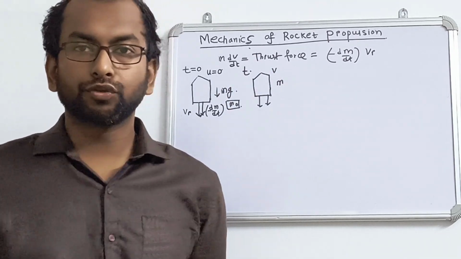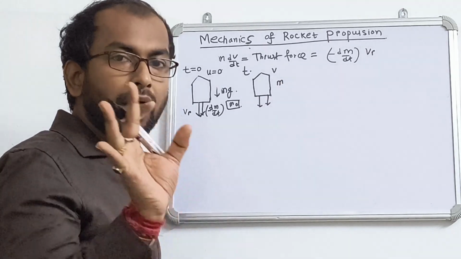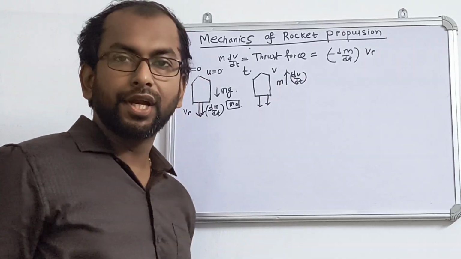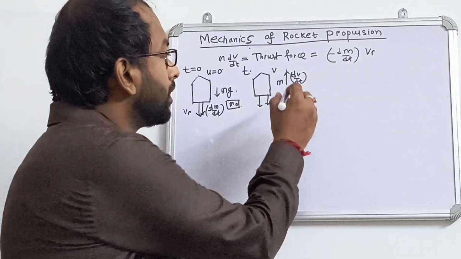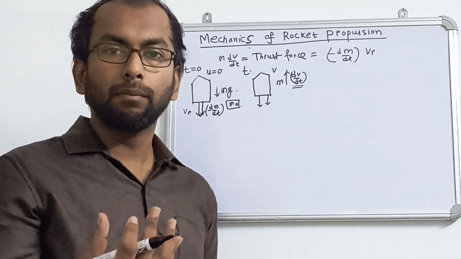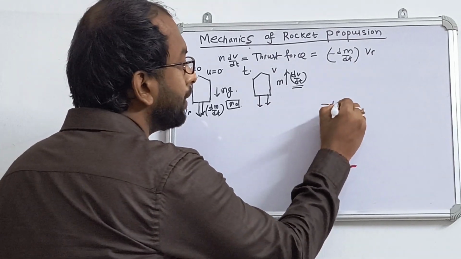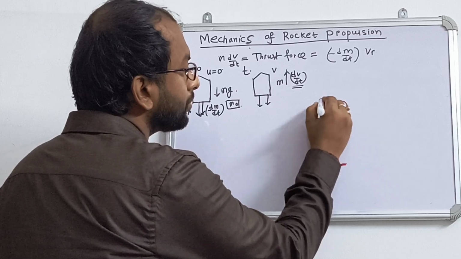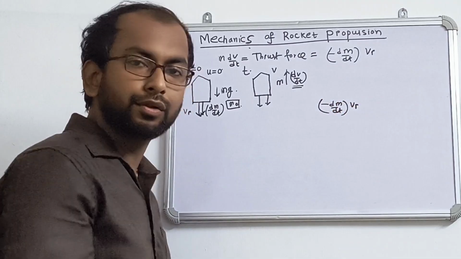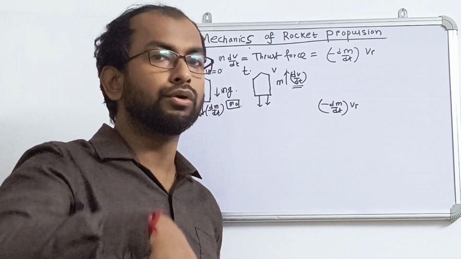Now what is the thrust force for the rocket? At any point of time, if mass is m and it is accelerating upward with dv/dt acceleration, the thrust force it is getting due to the mass ejection, that is minus dm/dt into Vr, is going to get applied to the rocket in the upward direction because it is losing mass to the downward direction.